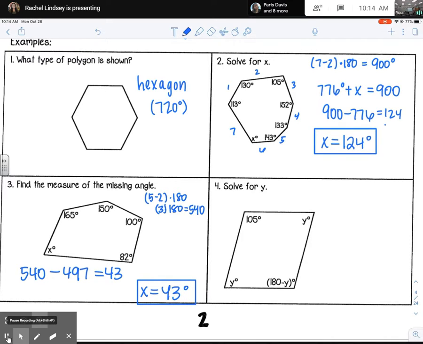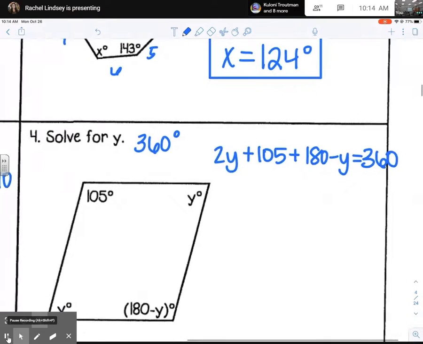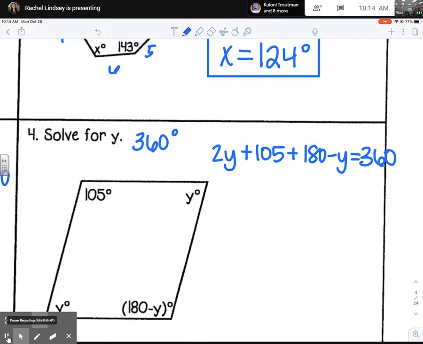Okay, so all 4 of those will add to equal what? What does a quadrilateral equal? 360. So I'm gonna add all those up. So I have y plus y is 2y, plus 105, plus 180 minus y, equals 360. Okay, so what's 2y minus y?